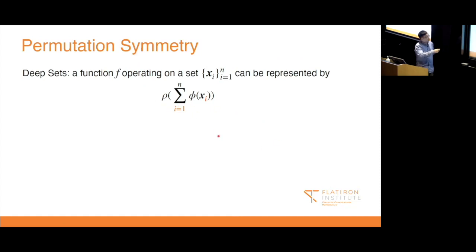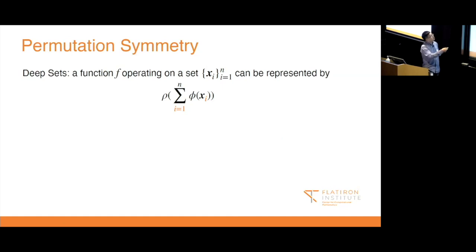It consists of two functions, rho and phi. Phi is a function acting on each element of this set, and you can think of it as a feature extraction. Then you sum over all the extracted features phi, and put that into another unknown function rho to get our final output. This is similar to the Kolmogorov-Arnold representation theorem for general functions.